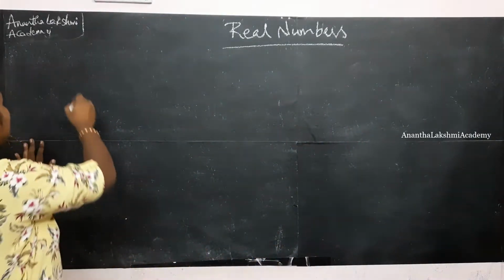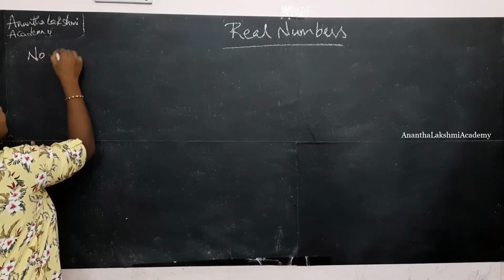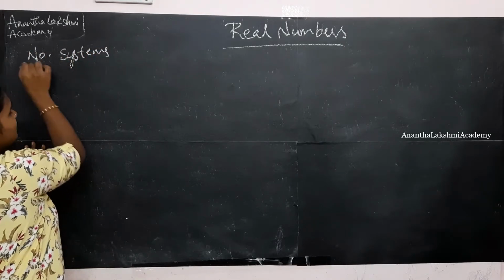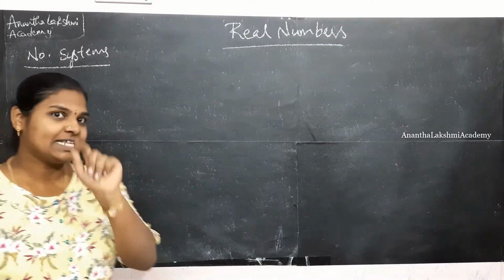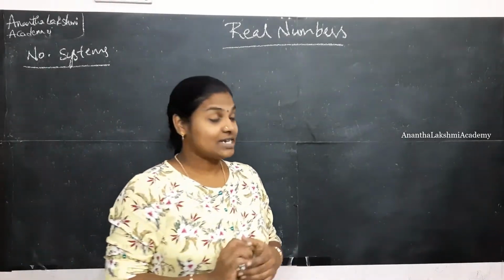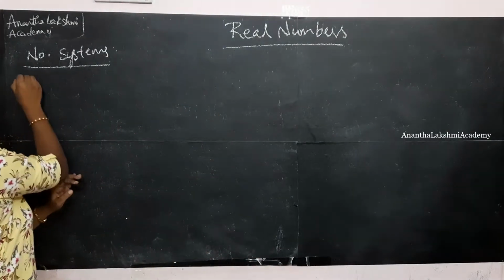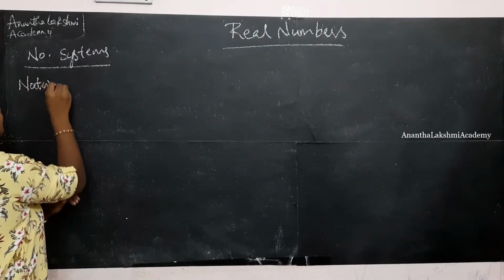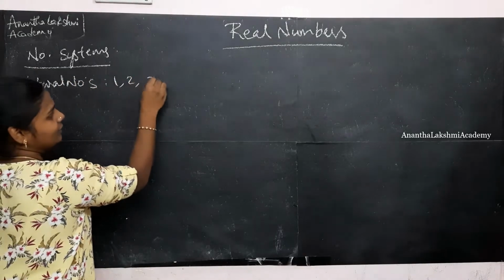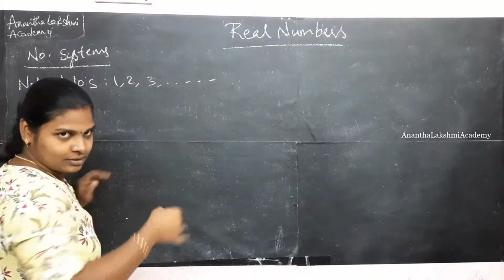When I talk about number system, what is it? How many kinds of numbers have we learned so far? First thing we have learned is natural numbers. What are natural numbers? Natural numbers are nothing but the numbers which start from 1, 2, 3 and it goes on.